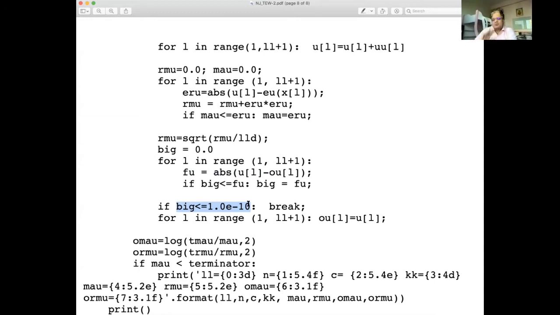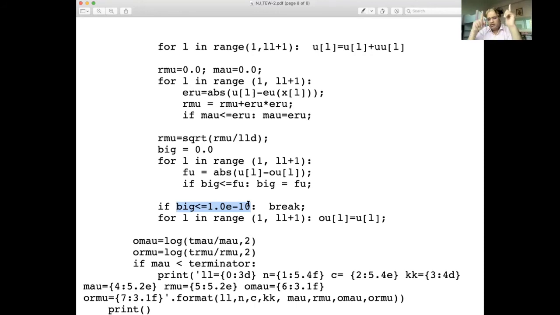You can go up to 10 raised to the power minus 12, 13, 14, but I would like to mention that in C or C++, going up to 10 raised to the power minus 15 is fine, but beyond that it does not give you a satisfactory result.